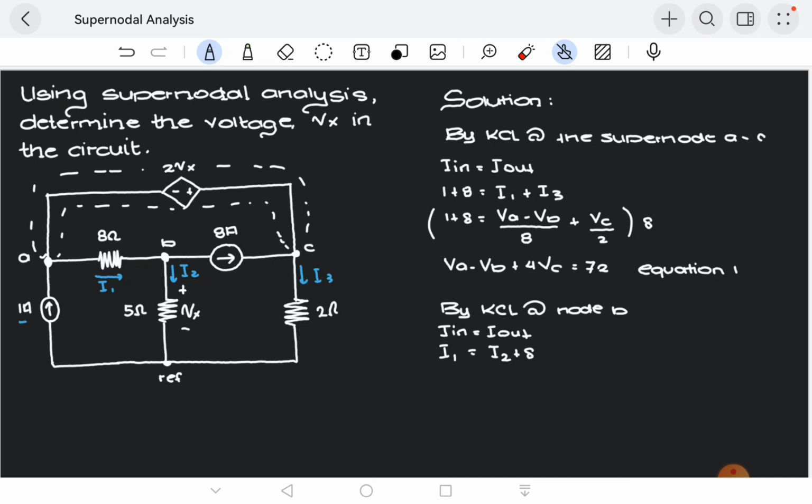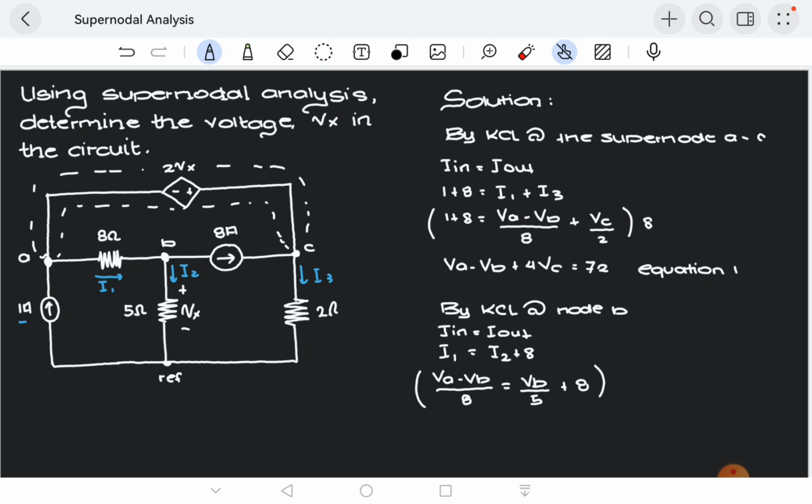I1 again is VA minus VB over 8, equal to I2, which is VB over 5, plus 8.